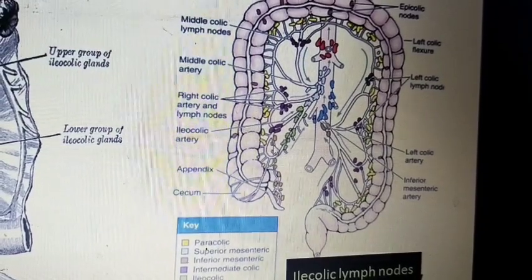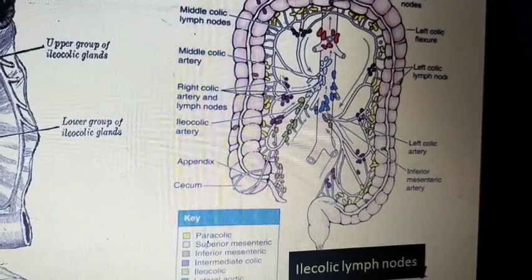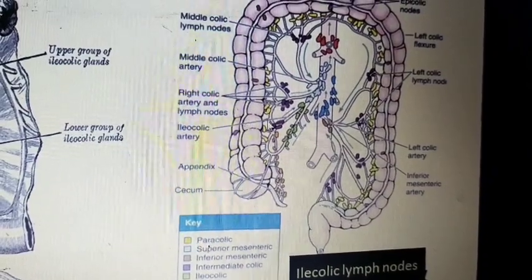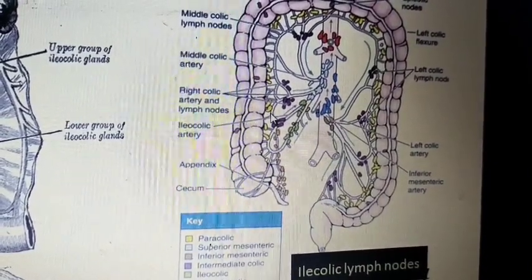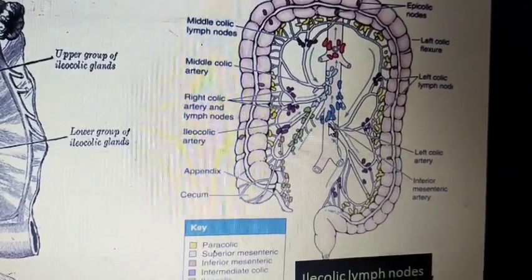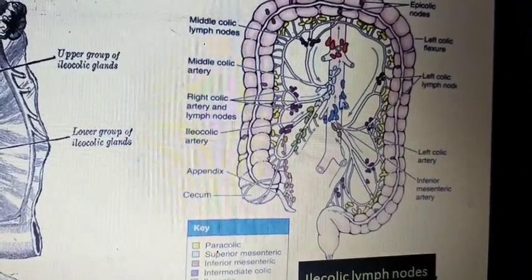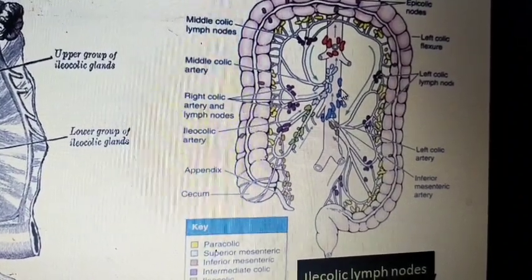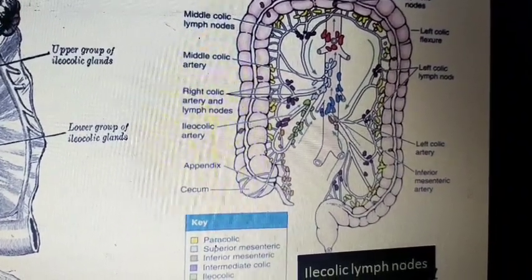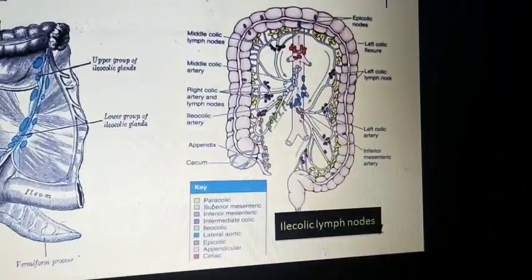These are the paracolic lymph nodes, para meaning peripheral or on the side, and these are the superior mesenteric lymph nodes, the inferior mesenteric lymph nodes, the lateral aortic lymph nodes, and the epicolic lymph nodes. Like that these are the main types of lymph nodes.